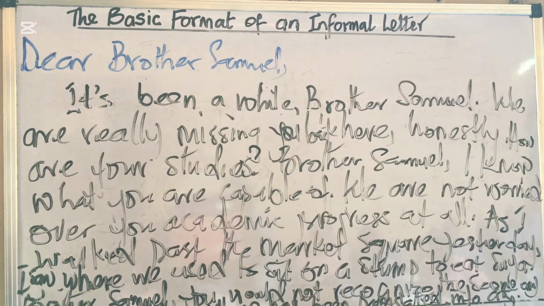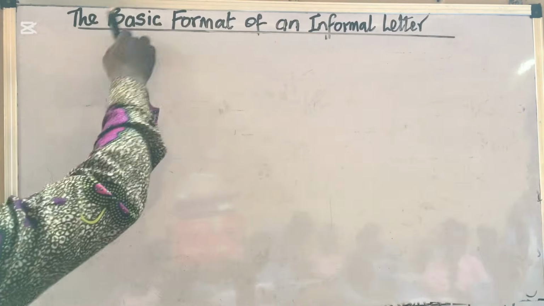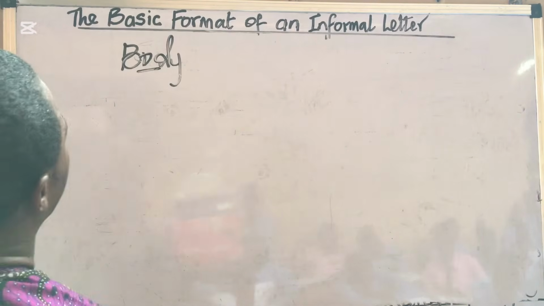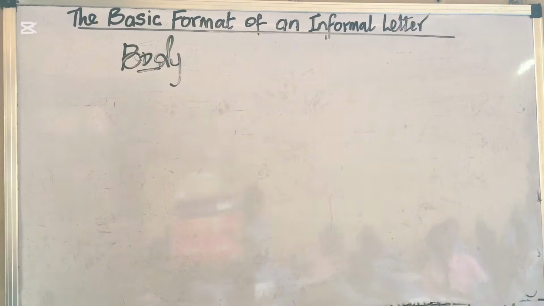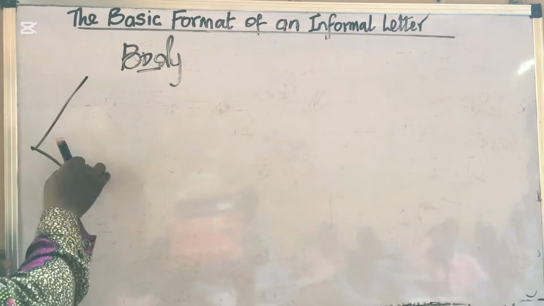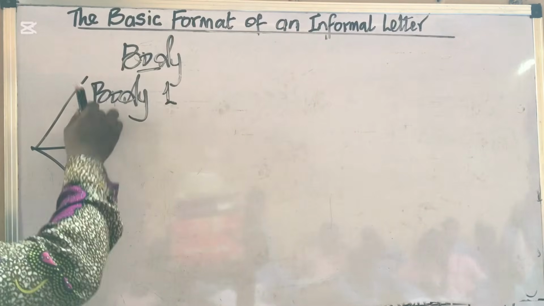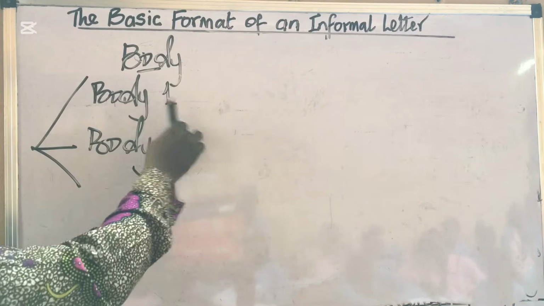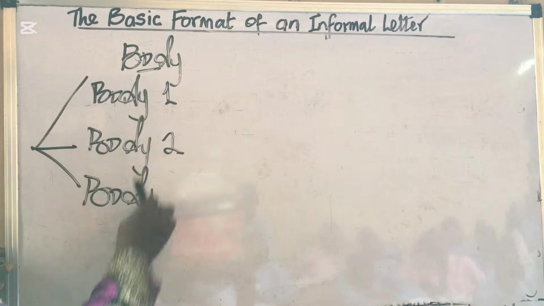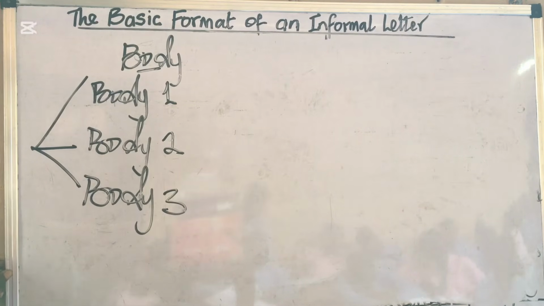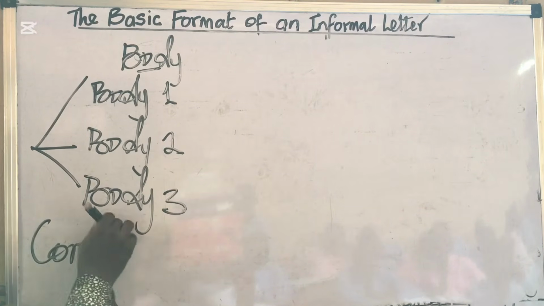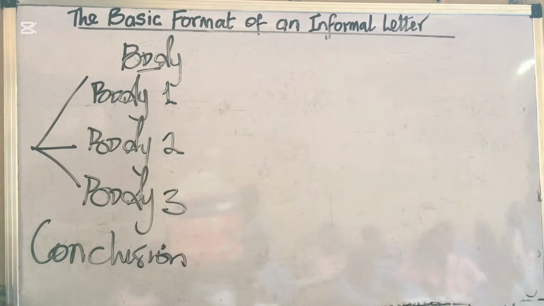Now, the next thing we want to talk about is the body of the letter. The body can usually be divided into three. We have body 1, then body 2, and then body 3. And then after that, you would write your conclusion.